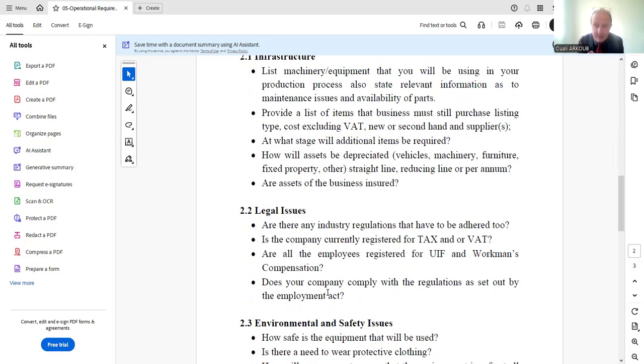Are all the employees registered for UIF and workman's compensation, regarding salary, wages and insurance of employees? Does your company comply with regulations as set out by the Employment Act? This is the legal framework of the technical review.